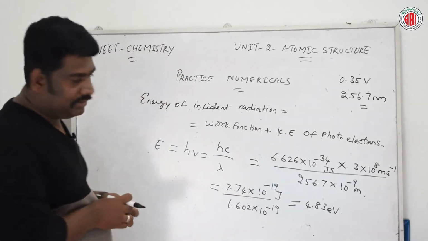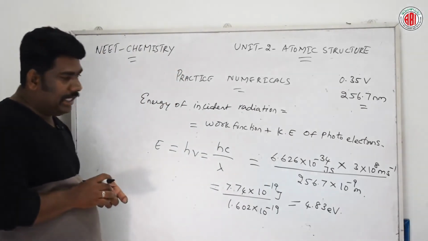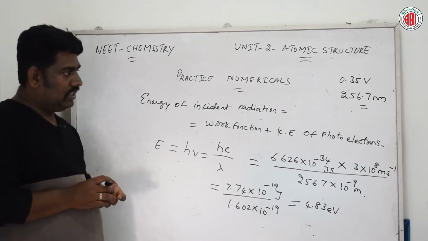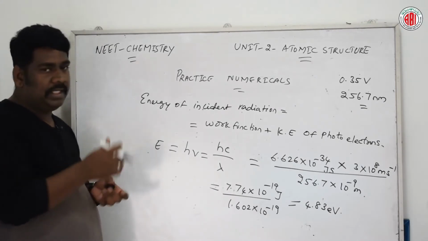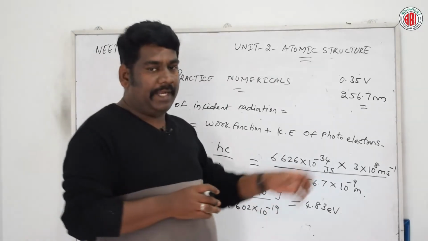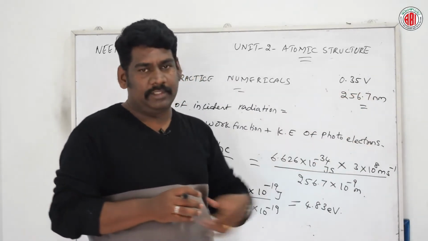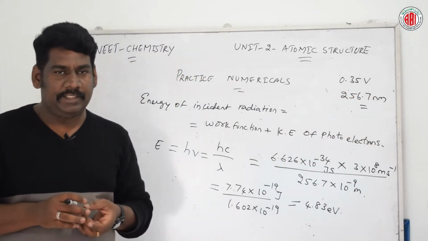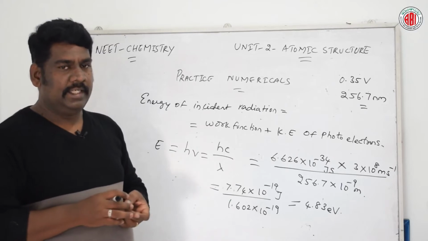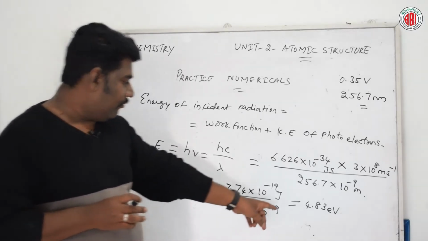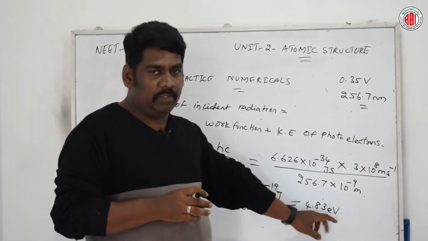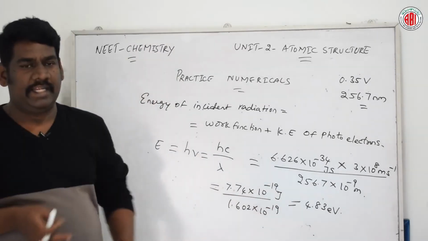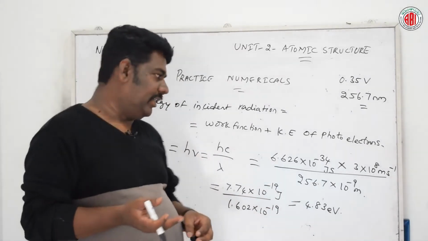So the kinetic energy of the electron is given here as 0.35 volt, and 4.83 electron volt is the energy of the incident radiation. Then let us find the work function.